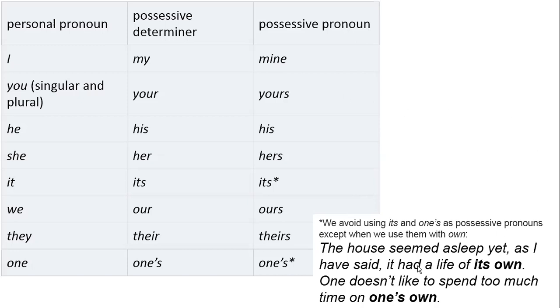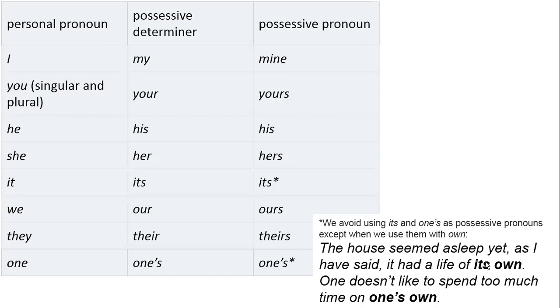Okay. It had a life of its own. So "its own" here, instead of saying the house again, I replaced the house with its, and this S is the possessive, right?